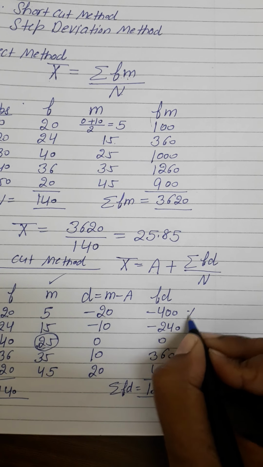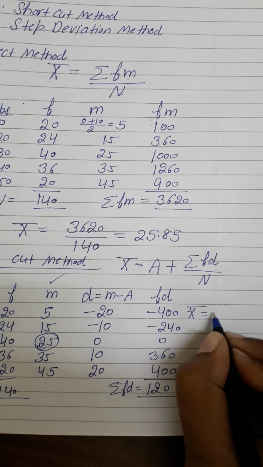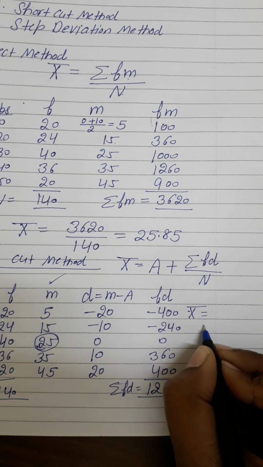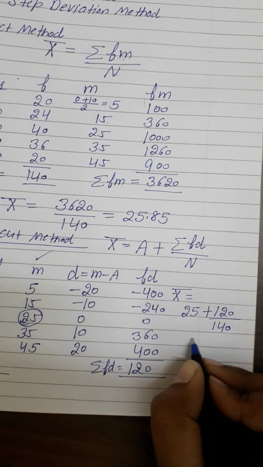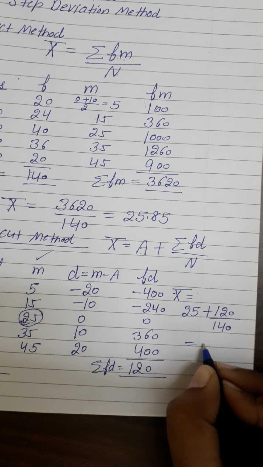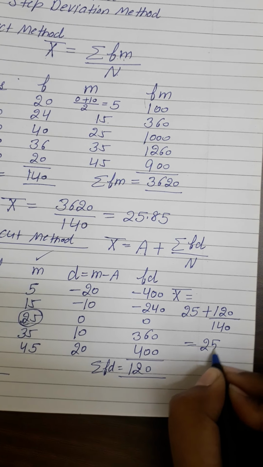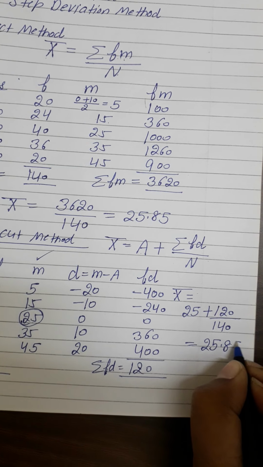We will put the value in the formula. X mean will be equal to 25 plus 120 upon 140. And the value of arithmetic mean will be 25.85.